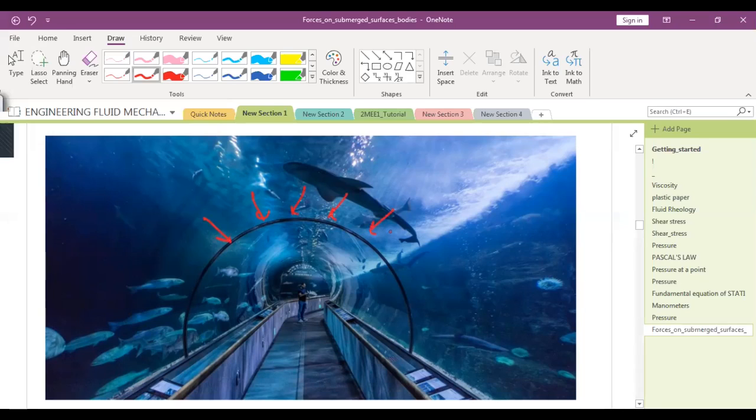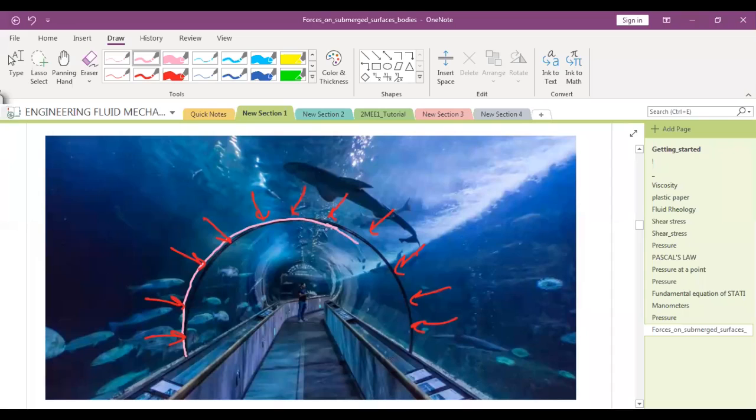So this is the force being applied by the water. So this is what kind of surface? Curved or straight? This is curved surface. So this is an example where whatever you study today, you will realize that these are critical to design such kind of tunnels. Any clear है?